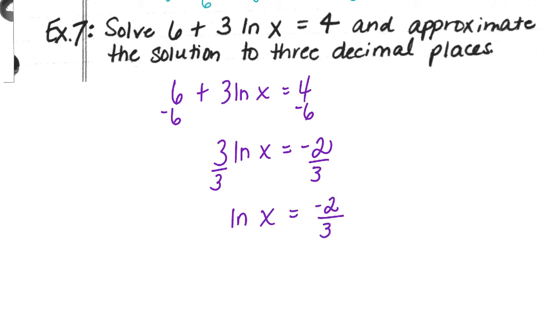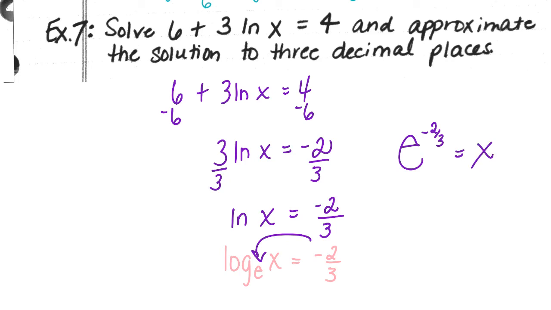Remember that log base e is my natural logarithm. So I'm going to rewrite this as log base e of x equals -2/3. And when I put this back in exponential form, e to the -2/3 is equal to x. Well, they are asking us to put it to decimal form.